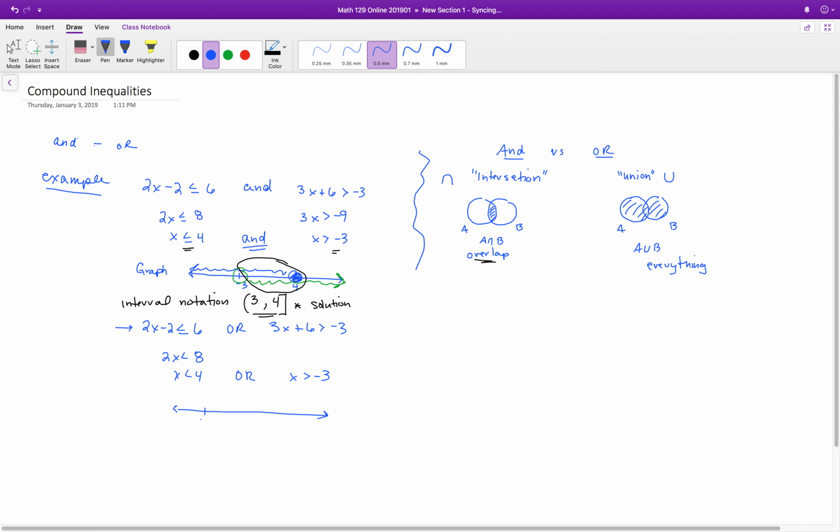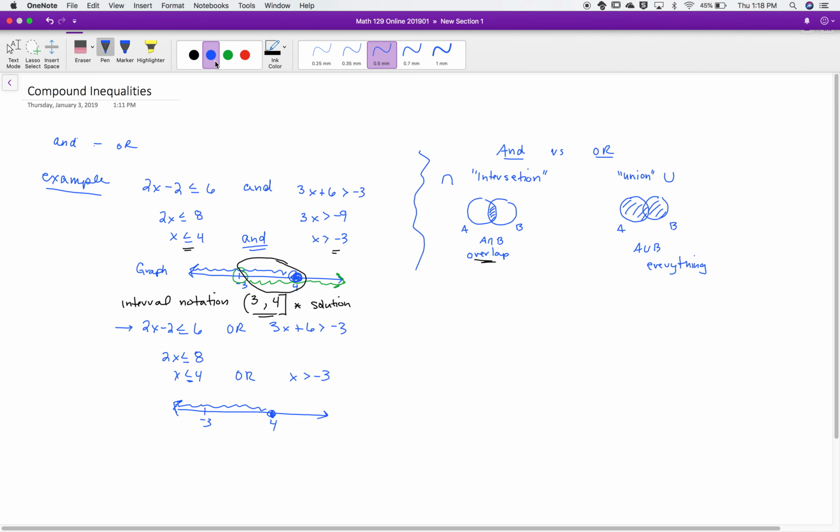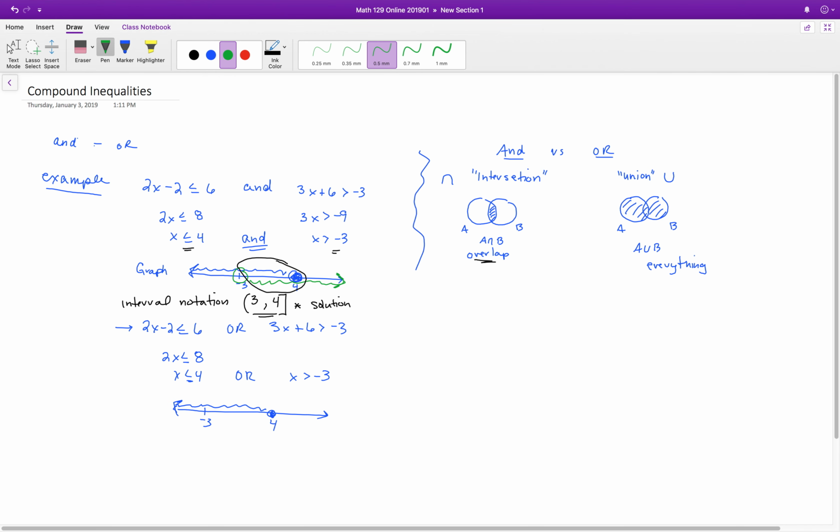I would plot the same two important points, negative 3 and 4. Again, x is less than or equal to 4, so that's a closed circle and a shade to the left.